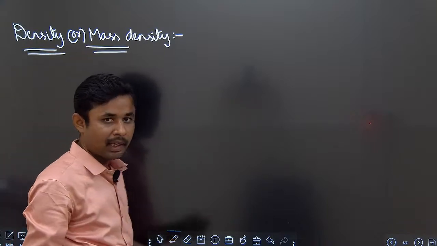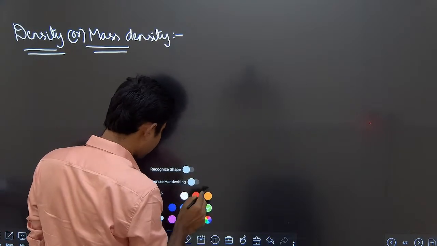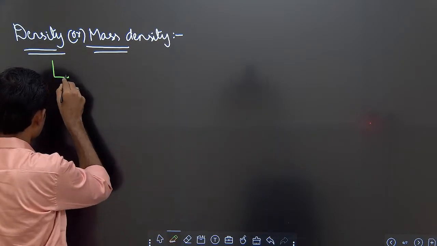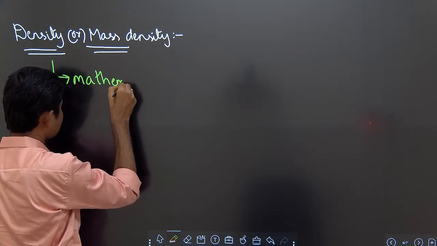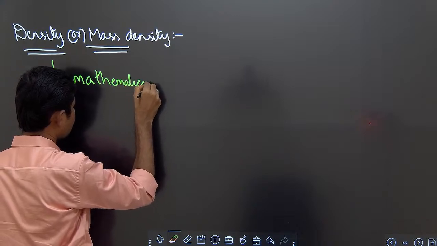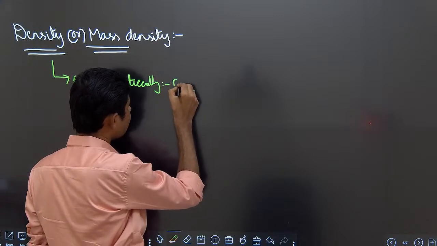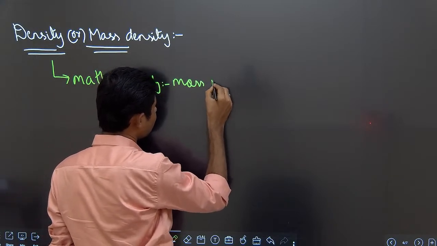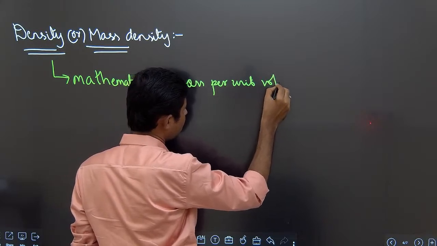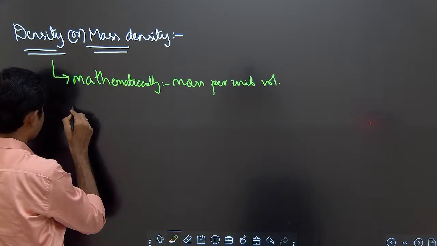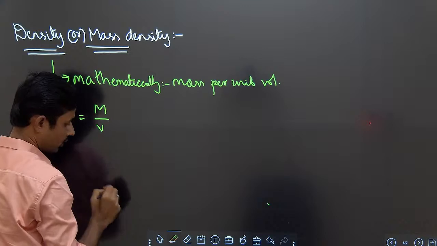First we will discuss it mathematically. Mathematically, density is mass per unit volume. Density is denoted by rho, mass per unit volume.